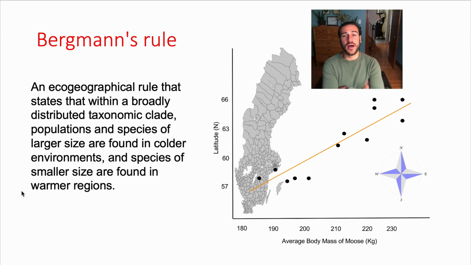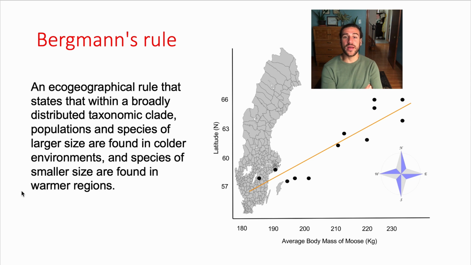So I want to talk about two ecogeographical rules. Ecogeographical: eco as in ecosystems, and then geographical, so position on the planet. The first rule that we're going to look at is Bergmann's rule.